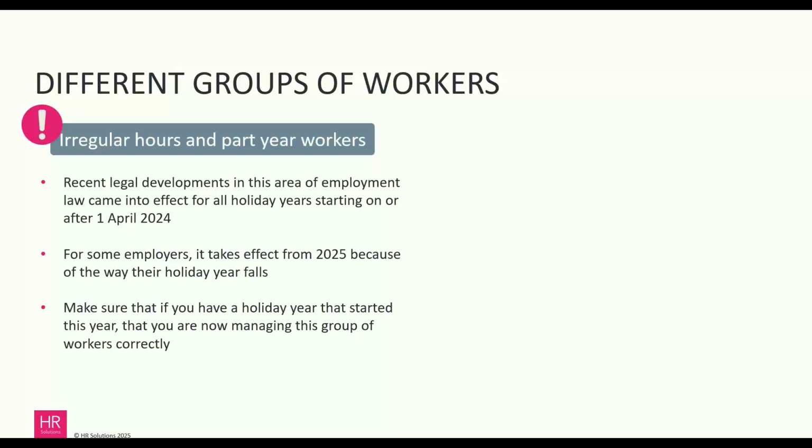Hopefully I'm making sense. So the reforms from last year, everybody that's got a January to December holiday year, hopefully January, a couple of months back, you then move to the new ways of working. So just make sure that if you do have that holiday year of January to December, you are managing your workers correctly in what I'm about to take you through on this webinar.